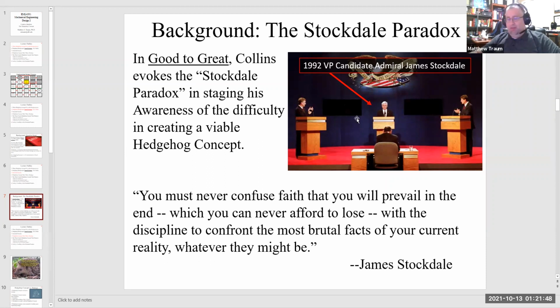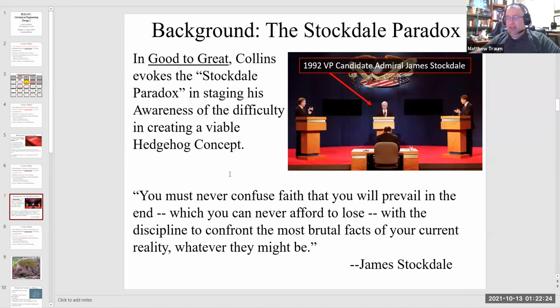And just a little bit of historical tidbit here: Perot and Stockdale and the Reform Party were thought to have been more conservative than liberal, and ended up splitting the conservative vote and causing George Bush, the original, to not win re-election to the presidency. And so Quayle and Bush ended up not winning, and that paved the way for Clinton and Gore to assume the presidency and the vice presidency in 1992. So anyway, here's the vice presidential debate.